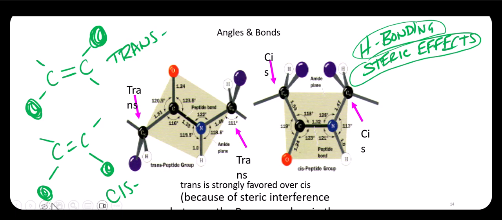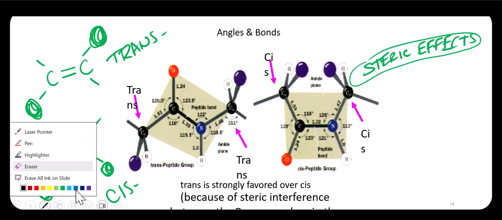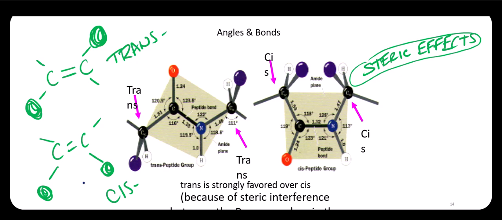So we're not going to worry about hydrogen bonding right now. We're going to talk about it a lot. But yes, steric effects definitely. Molecules like elbow room, they don't want all their parts on top of their parts. They want to spread out, have elbow room. So if we look at our trans and our cis configuration, everything's spread out with more elbow room in a trans configuration.